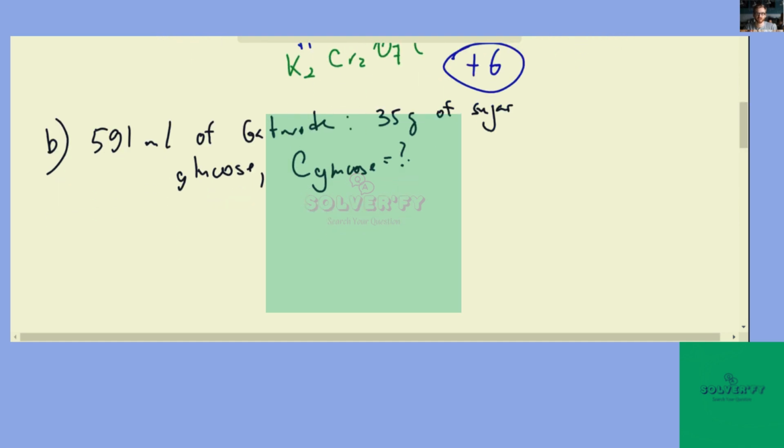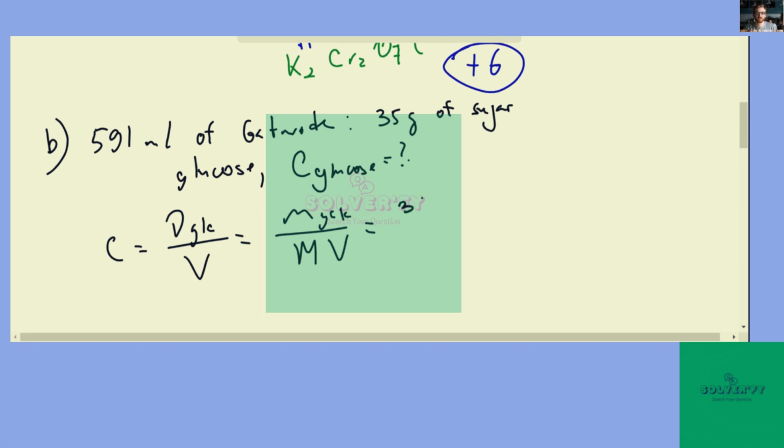So this concentration equals the number of moles of glucose divided by the volume. And in turn it equals the mass of glucose divided by its molar mass and by the volume. So let's look up the molar mass of glucose. It is 180.